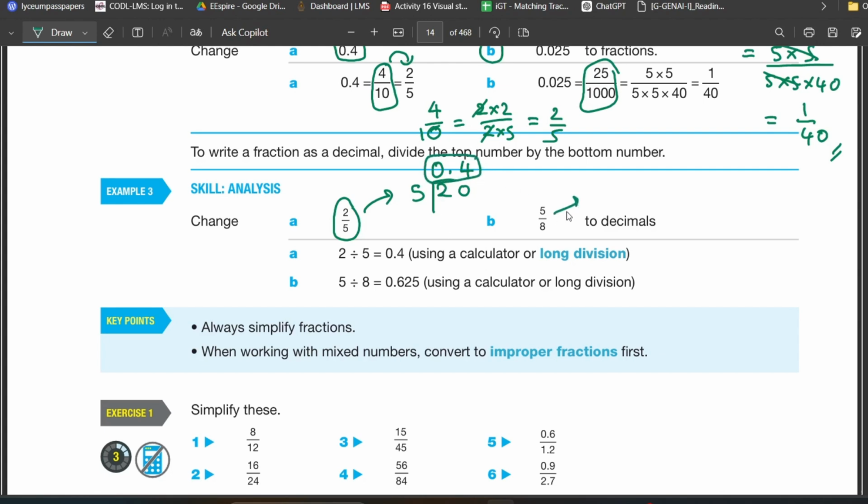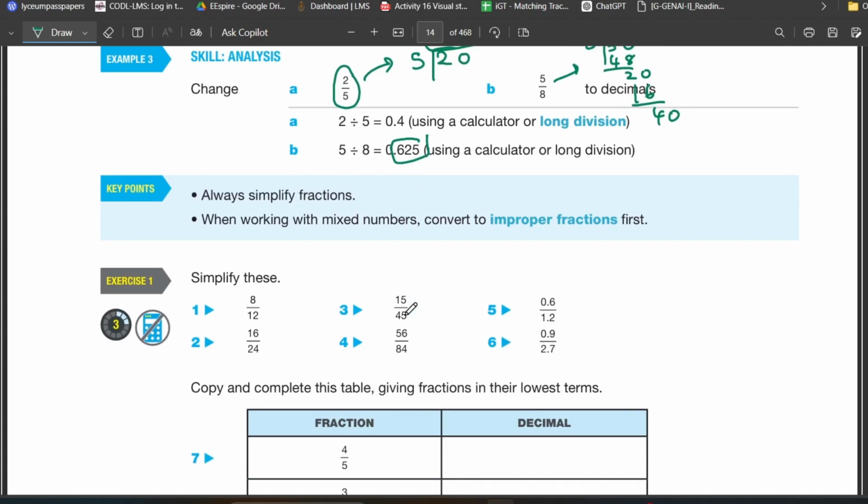And we can get the decimal of this one. 5 divided by 8, so 0. The 50, we get 8 times 5 is 40, 8 times 6 is 48. So 20, we get 16, 45. So this is the answer we get.